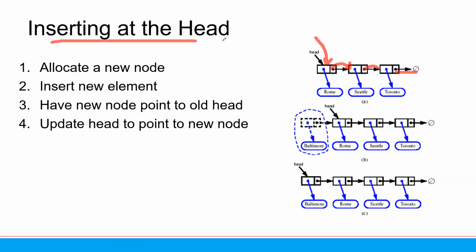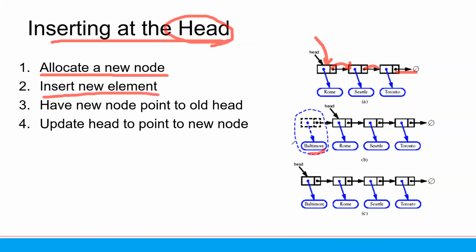If I want to insert at the head, what does it mean? I do not want to start from Rome. Maybe I want to start from Baltimore. Then I need to allocate a new node. So I make a new node, and then I insert the new element.